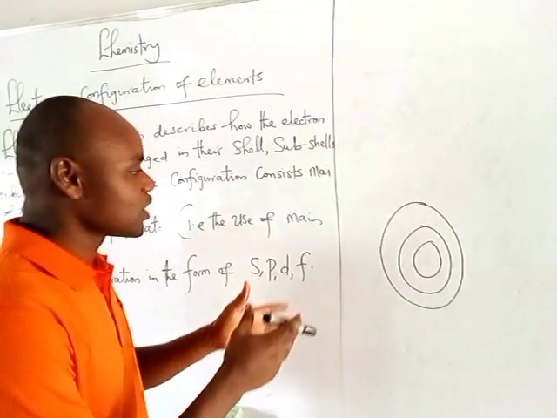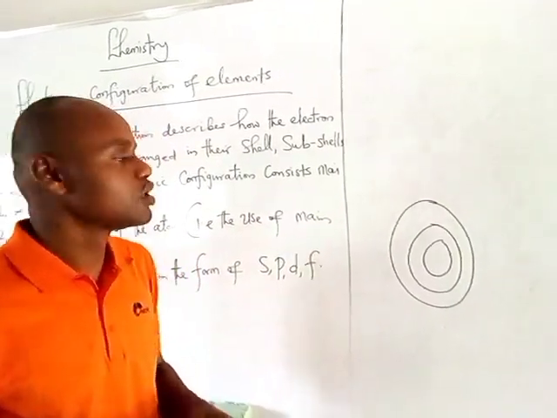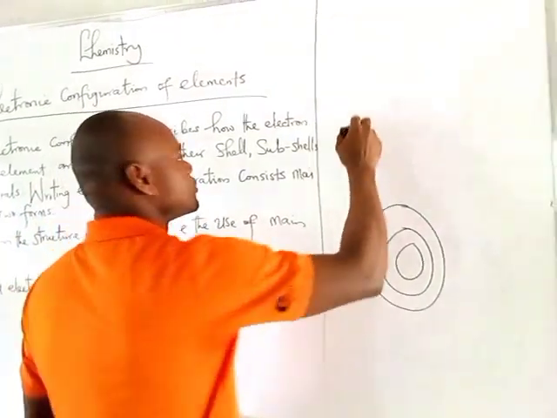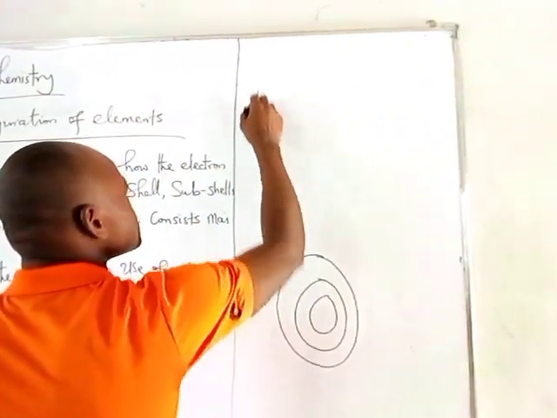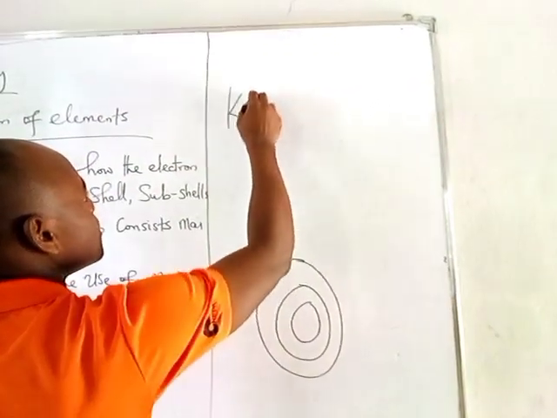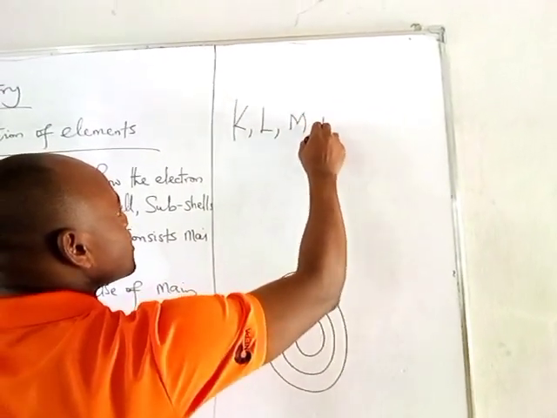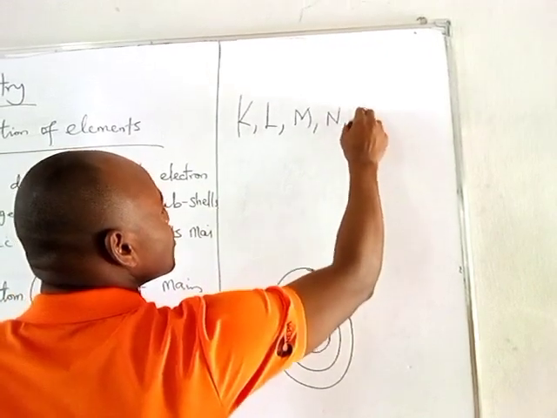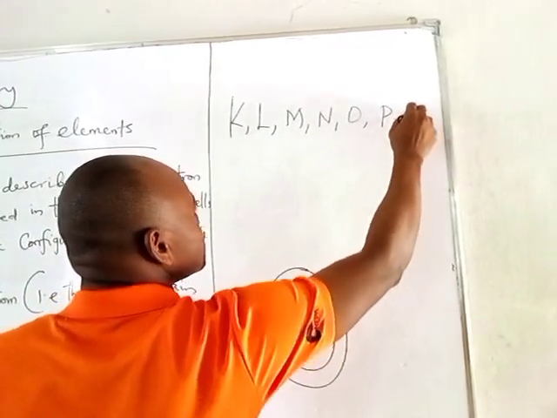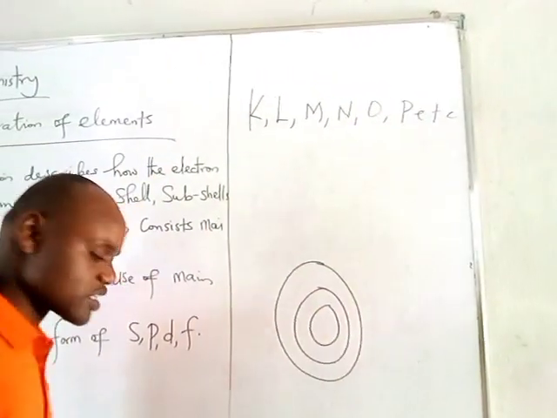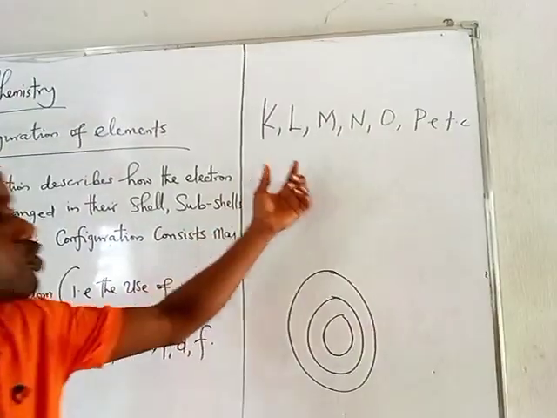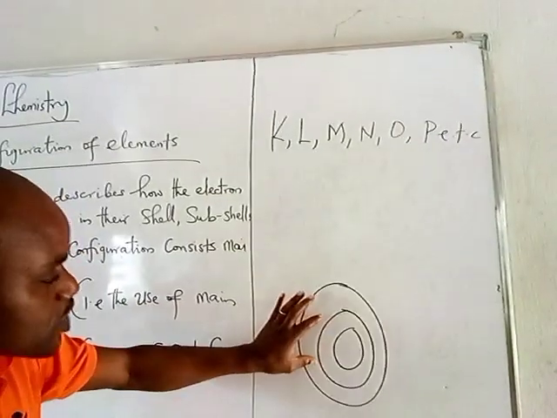Now we want to number the atom. We need to follow this procedure. You start from the first shell, which is K, L, M, N, O, P continuously. So this is how you can number an atom.